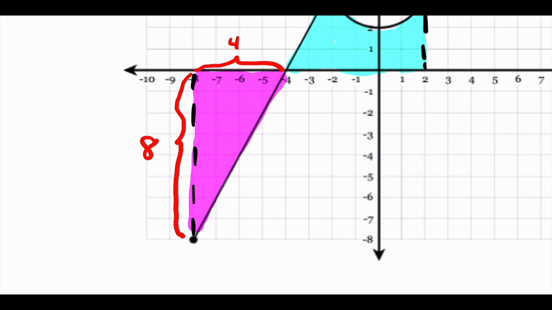Base times height divided by 2, so we get 16. But it's going to be negative 16 because it's below the x-axis. Any area below the x-axis will always be negative. So when you're finding area, picture it's positive, but the answer is going to be negative.